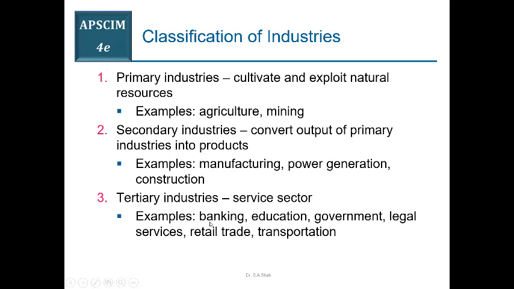So यानी बैंकिंग की जो है, या एजुकेशन को आप ले लीजिए, या जो लीगल सर्विसेज की फर्म्स होती हैं, उनको आप देखिए, ट्रांसपोर्टेशन इंडस्ट्री को अगर आप देखें, तो दे आर सर्विस प्रोवाइडर्स. ठीक है ना. सो एक सर्विस इंडस्ट्री होती है प्योरली सर्विस सेक्टर में, और एक टर्शरी इंडस्ट्रीज होती है. ठीक है ना. सो सर्विस इंडस्ट्रीज ओनली प्रोवाइड सर्विसेज टू द कस्टमर्स. टर्शरी इंडस्ट्रीज आर बेसिकली secondary industries.